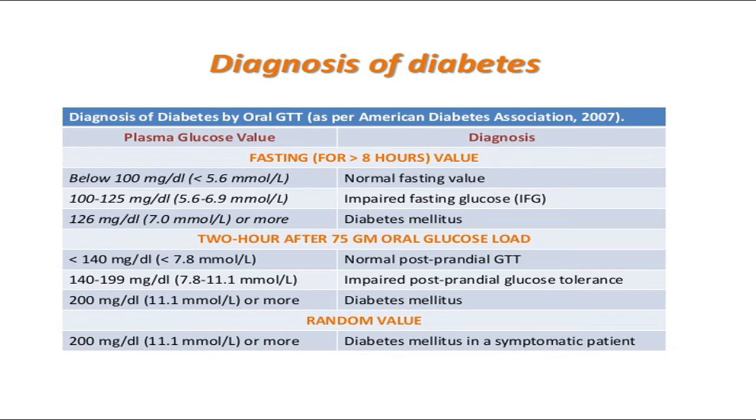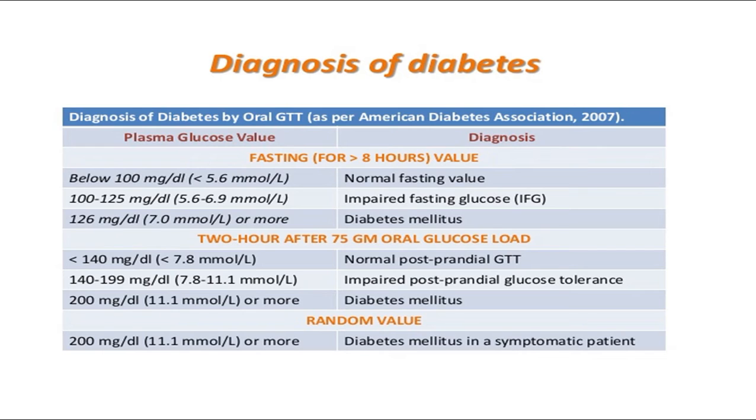So these are the cutoffs or criteria for diagnosing diabetes mellitus, based on plasma glucose value. Fasting means a value after at least 8 hours. The normal fasting glucose should be below 100 milligram per deciliter. Any blood glucose between 100 and 125 is called impaired fasting glucose, and if the glucose value is 126 or more, it is diabetes mellitus.